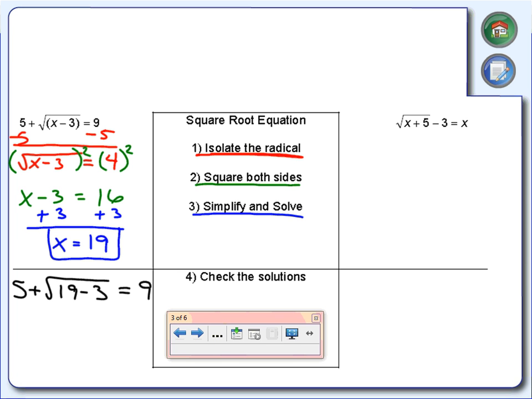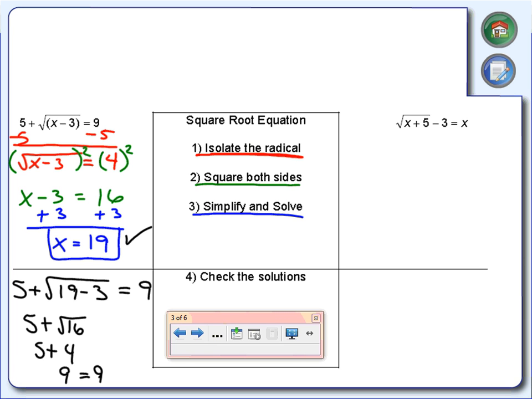Let's see here. 19 minus 3 is 16, and I know the square root of 16 is 4. And I know 5 plus 4 is 9. So notice how 9 is equal to 9. The left side is equal to the right side, so we know we have the right solution. So 19 is the solution to this equation here.